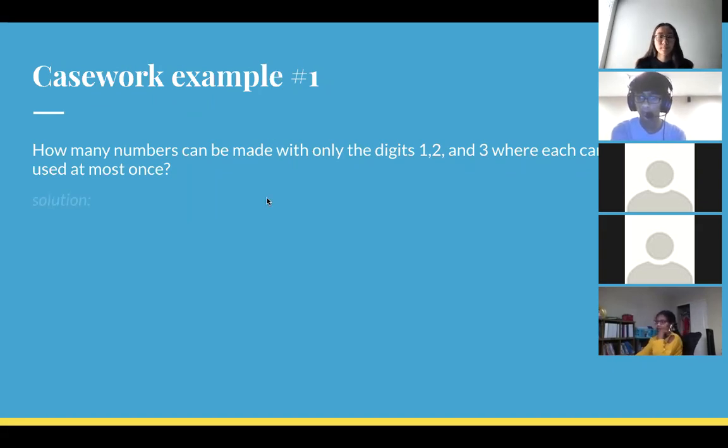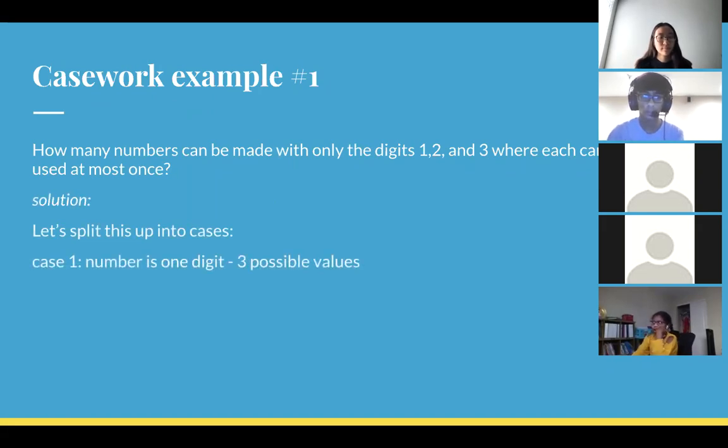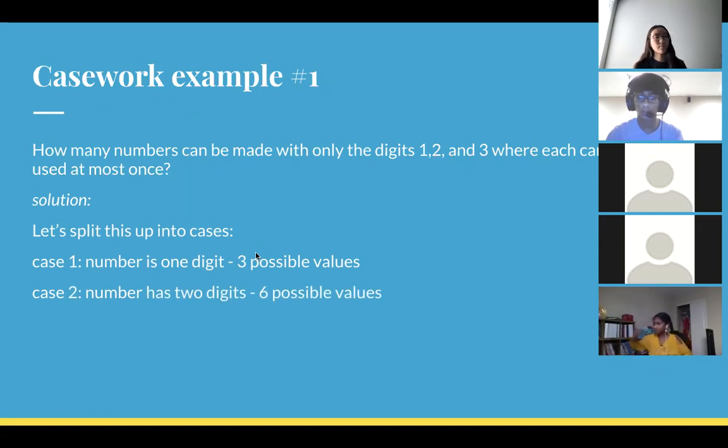So the answer here is going to be 15. We can split this up into 3 different cases. The first case is the number is only 1 digit. That means there are 3 possible values, 1, 2, or 3. The second case is the number has 2 digits.